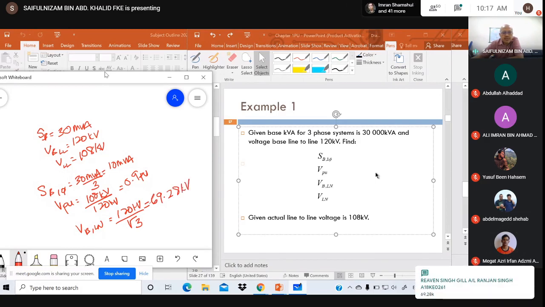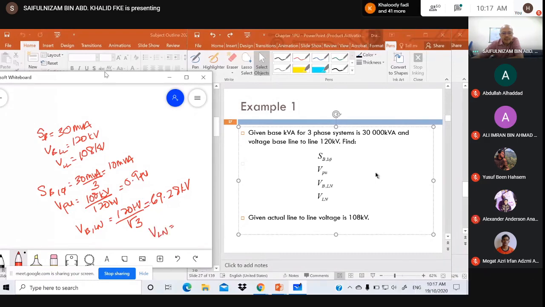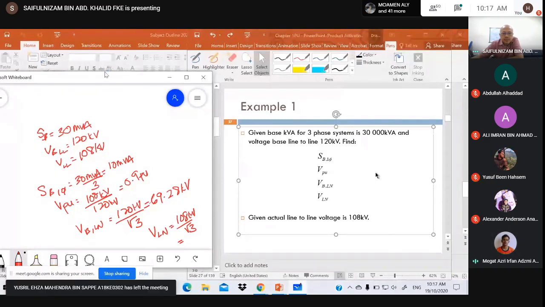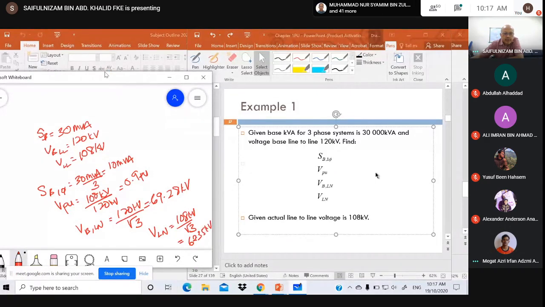All of you got the same answer? Yes. Right. And V line to neutral is 108 divided by root 3, right? So what do you get? 62.35 kV.